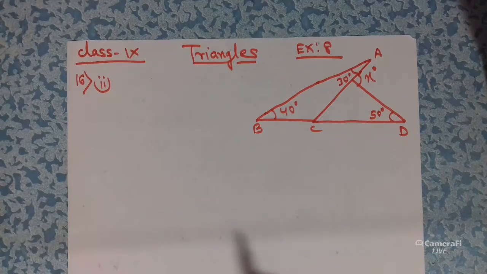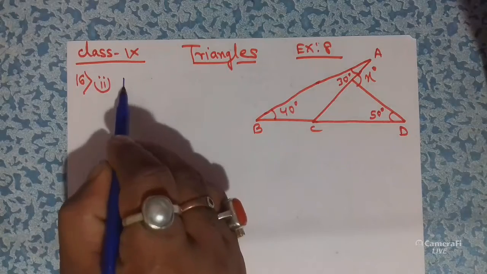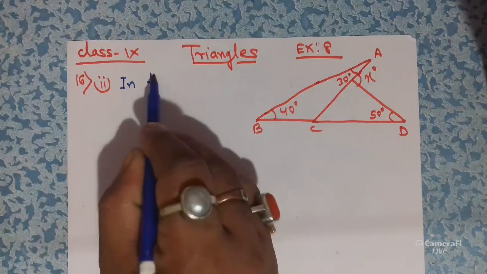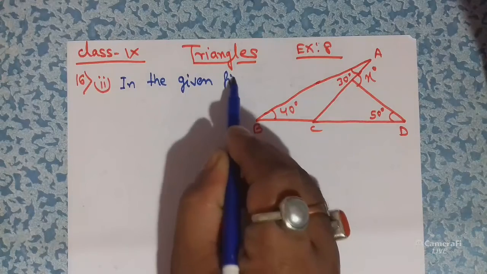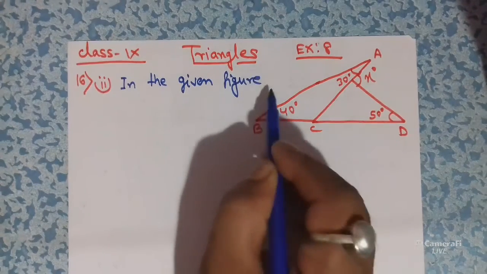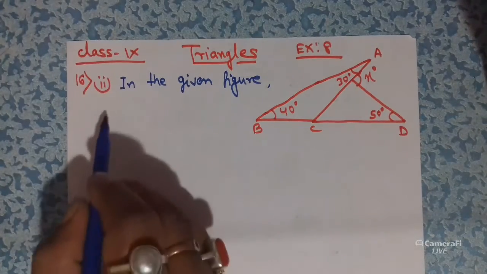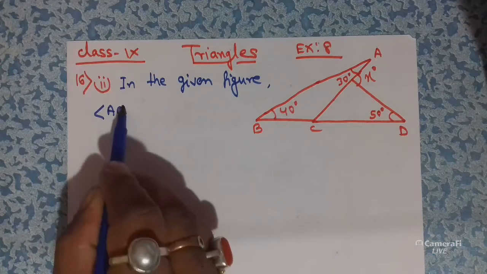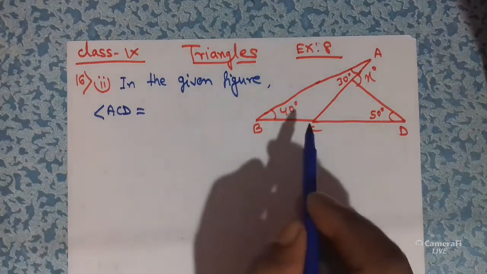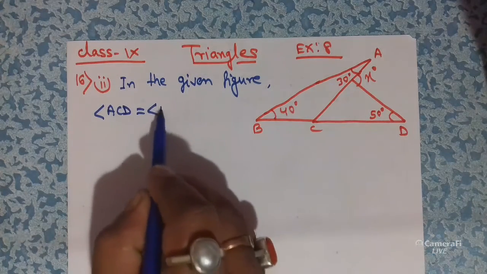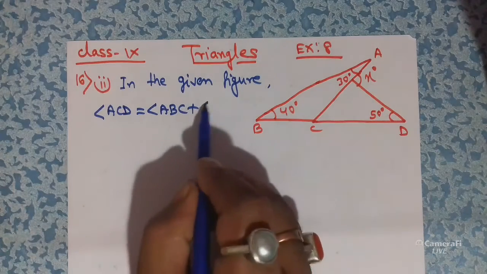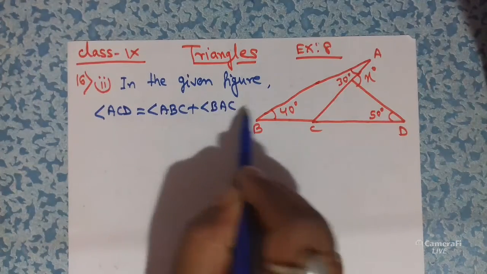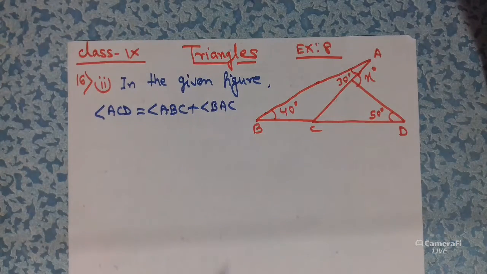At first we have to write that in the given figure, angle ACD is equal to angle ABC plus angle BAC. Why?